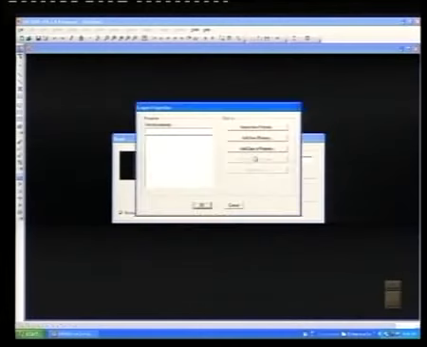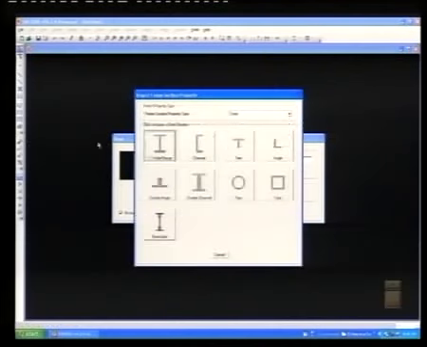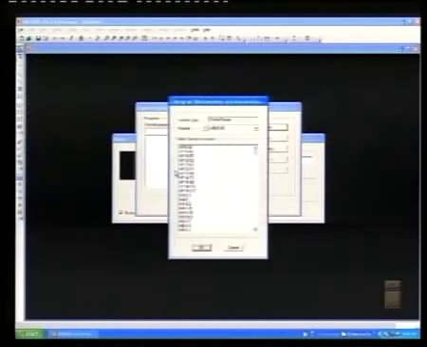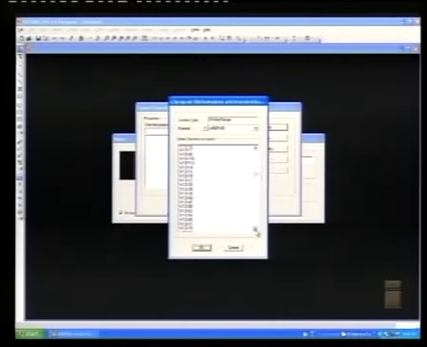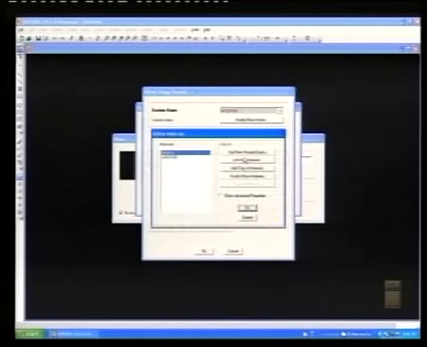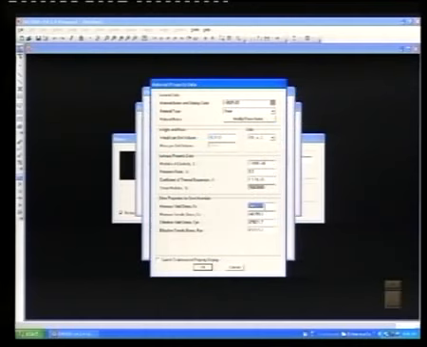The beam we imported from I-flange section, we set W12 by 120. Okay. Now the Fy, we want to change it to A36 by putting the yield stress to 250.